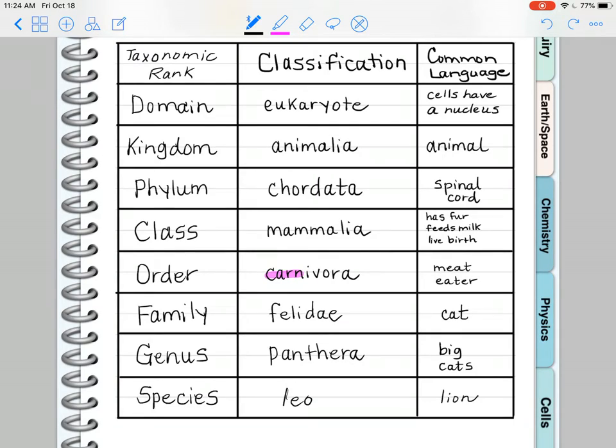That's the most specific one of this whole ranking. So the cat is family. There are bunches of cats. There are big cats and little cats. That's the genus. But the actual species is the lion. And that's what we're trying to name. If you can name your species, that is very, very specific.